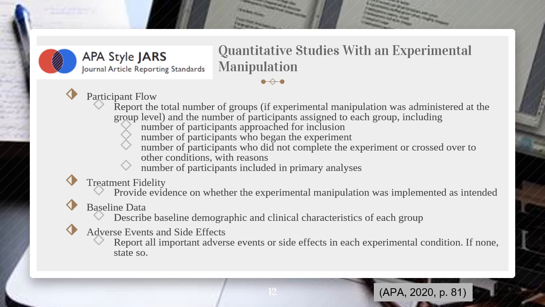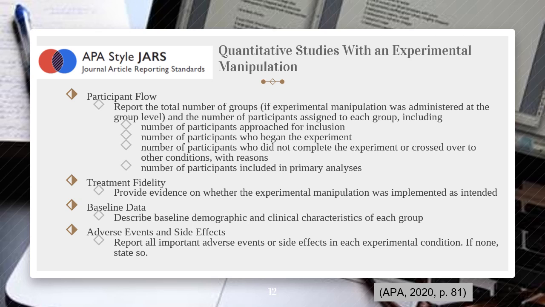In this, you'll include the number of participants who were approached for inclusion or were recruited, the number of participants who began the study, so how many began, number of participants who did not complete the experiment or they crossed over to other conditions and the reasons why. So this is your attrition. How many people left the study and why?